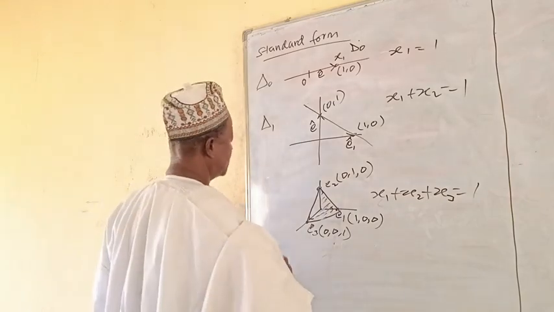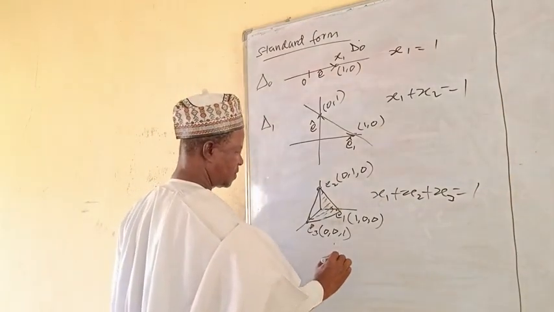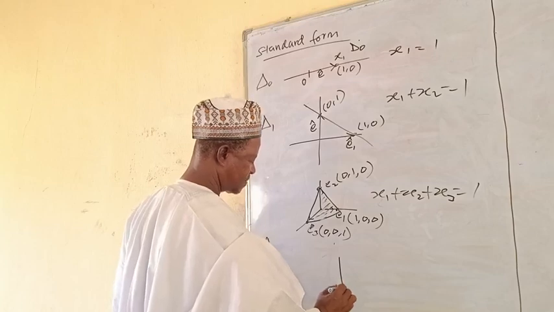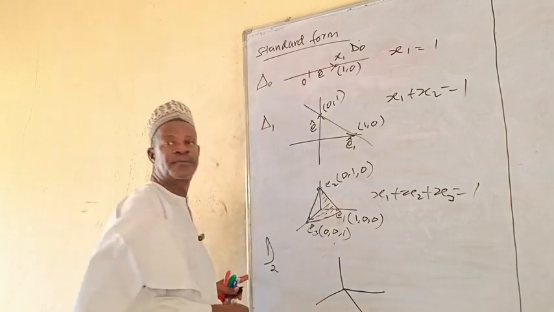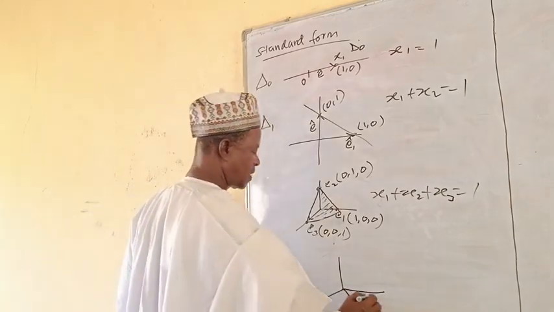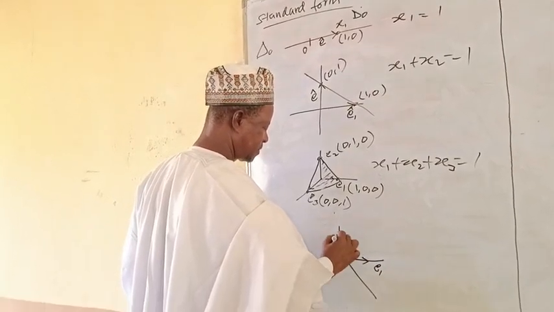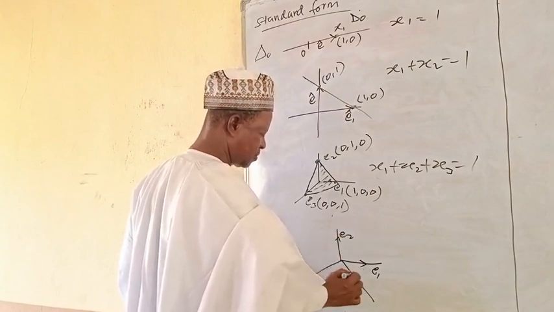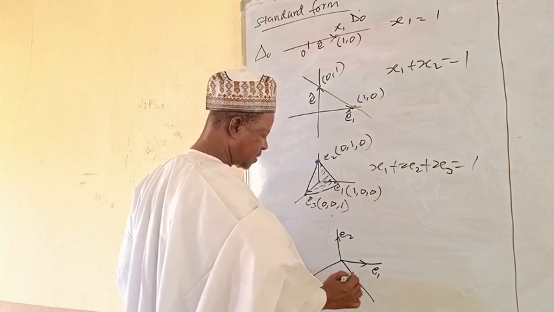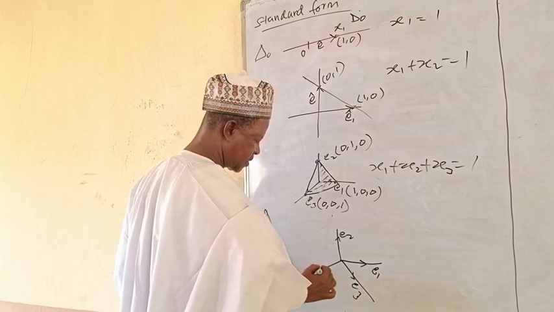What of delta 3? For delta 3 you have 1, 2, maybe 3, 4. Is it clear? So we call this E1. It doesn't matter how you name them. E2, E3, and E4.